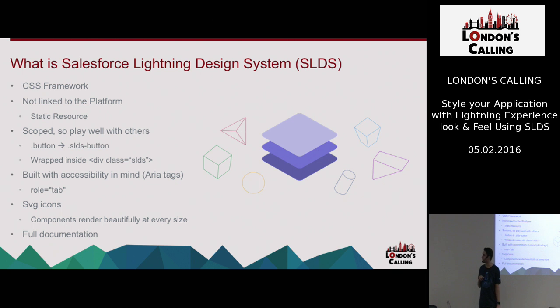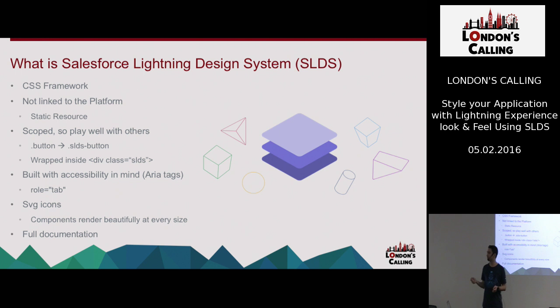One nice thing also is that there are lots of icons coming with the SLDS. Currently, when you want to use a picture from the tabs of Salesforce, you have PNG images. So that's nice, that's easy to reference. The thing is that if you want to display it at a different size, the PNG has only one size. It's maybe not beautiful if you want to display it bigger.